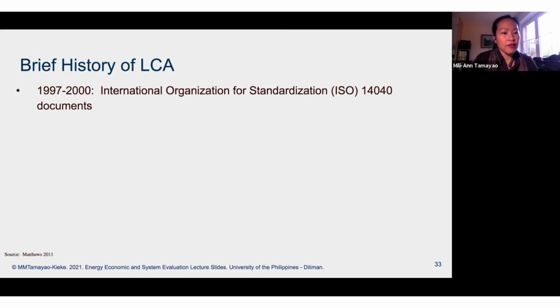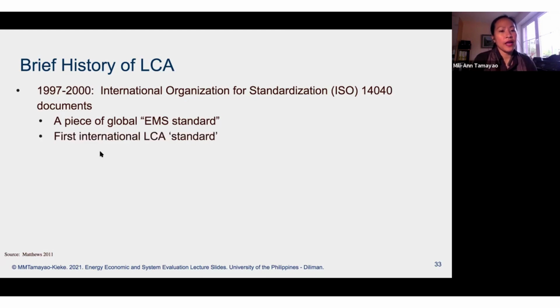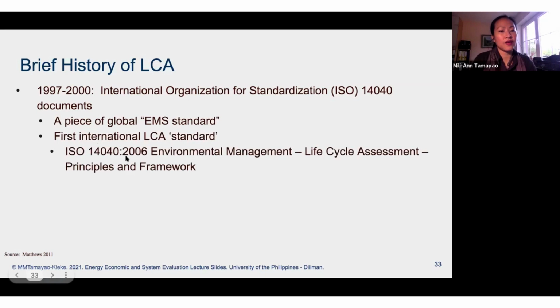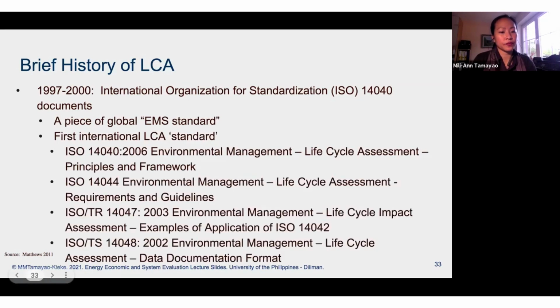So in 1997 to 2000, International Organization for Standardization came up with the 14040 document. Okay? And the framework for LCA actually became a piece of the global EMS standard. Okay, and the first international LCA standard consisted of these documents. So itong apat na to.